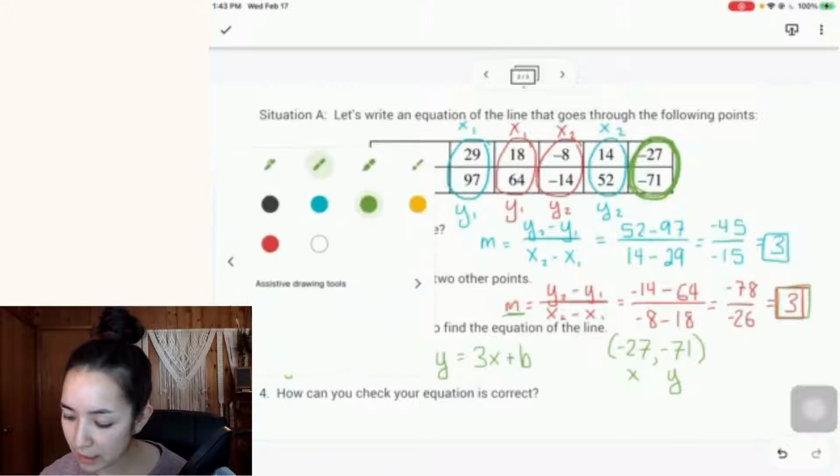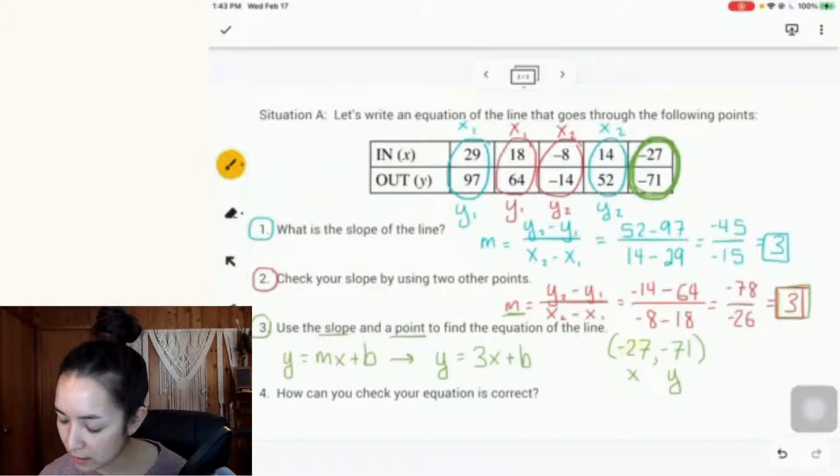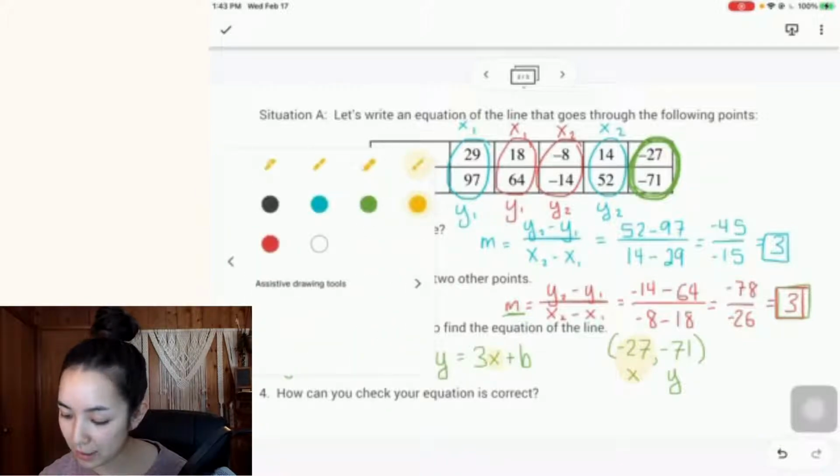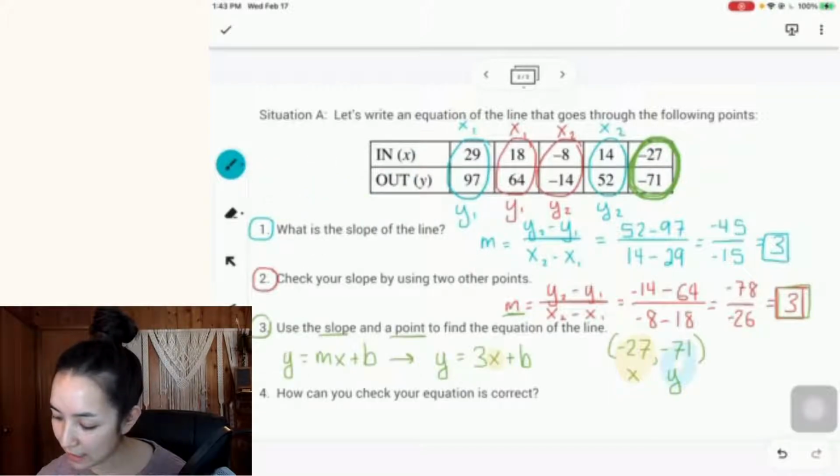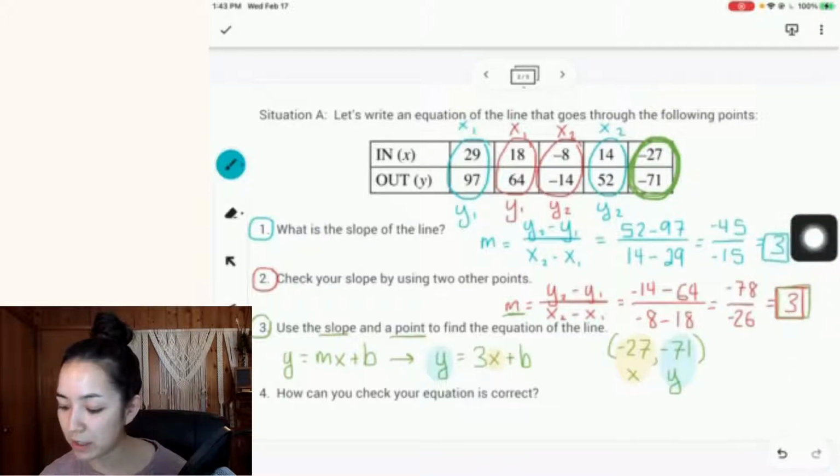So we're going to plug in negative 27 for x, and we're going to plug in negative 71 for y, and we're going to solve for b.